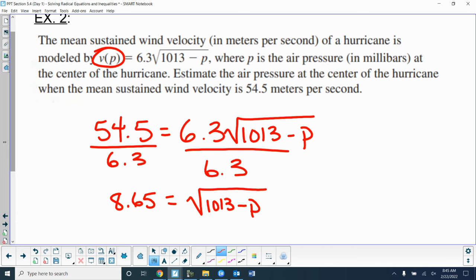All right. So at this point, what are we going to do? Square both sides. We all understand why we're squaring it. Right, the index is 2. If there's no number there, that means it's square root. So to get rid of a square root, you square both sides.